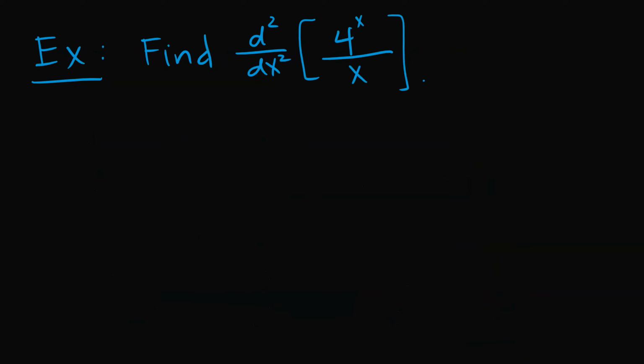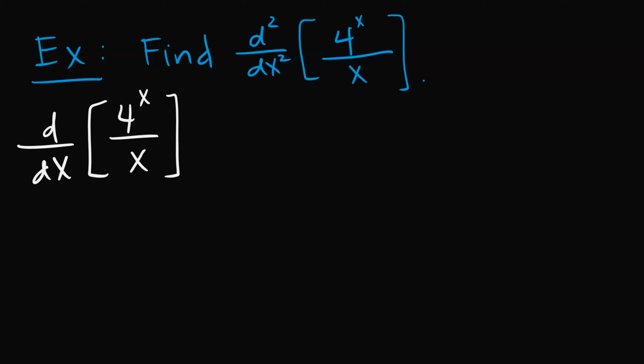So let's work an example of finding a second derivative, and we've picked an example that's going to require us to use several of our differentiation rules to get through it. To find the second derivative, we have to start by finding the first derivative. So first we'll find the derivative of 4 to the x over x. As we look at this function, we see that it's a quotient.